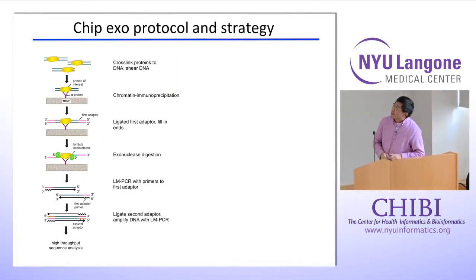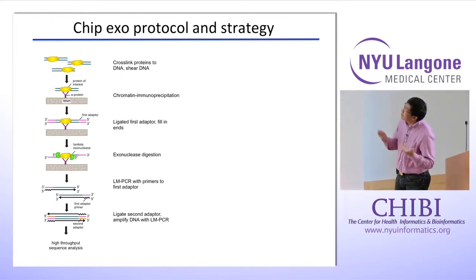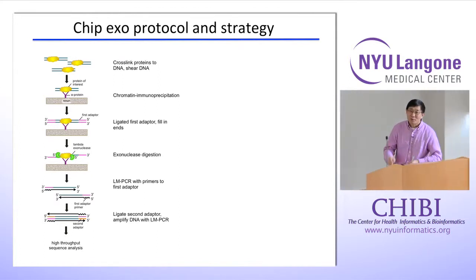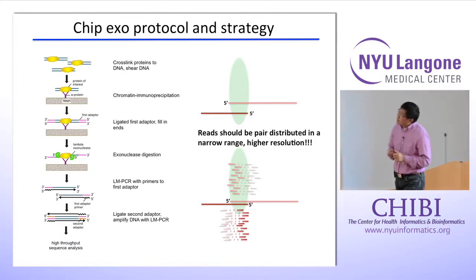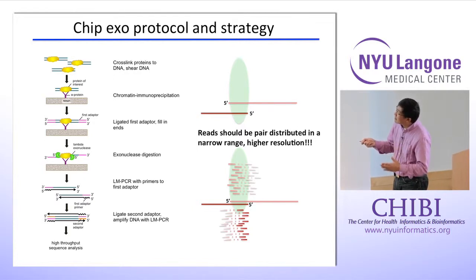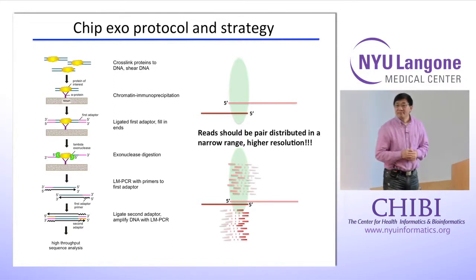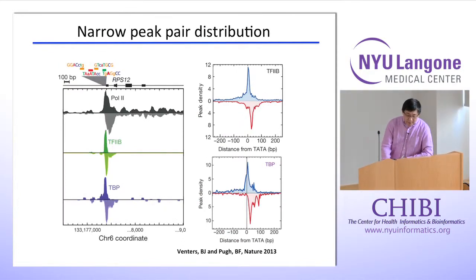So this is a protocol that has been used for many ChIP-exo experiments. Now you can find it on the web. I think Illumina has this. Here is something I would like to share: in the end, you can see the reads are very precisely mapped to the binding area. Okay. So this is a publication from last year.